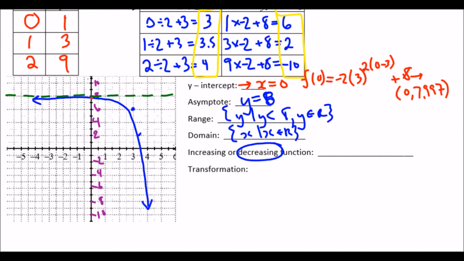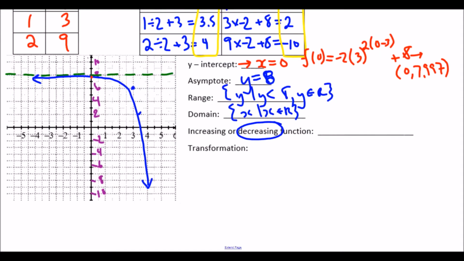Transformations. Here we go for transformations. So transformations, please excuse my terrible writing here. The first one, a is negative, so I can see it is reflected. I'm just going to type it, sorry. So my first one will be this.